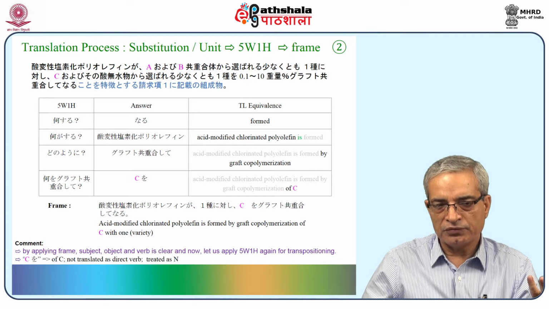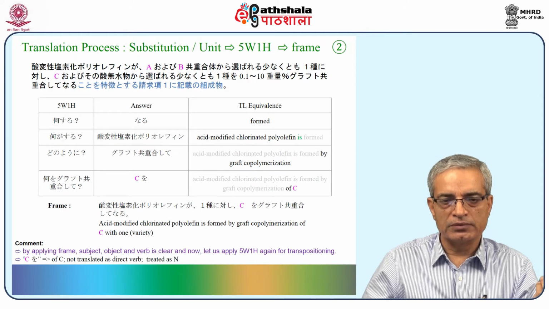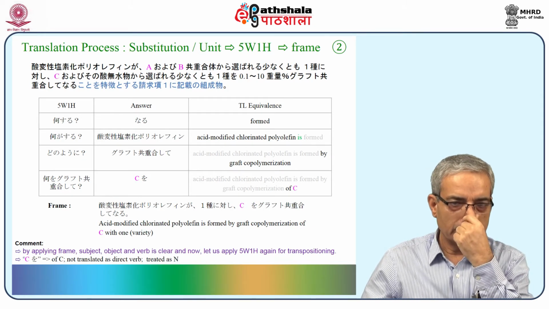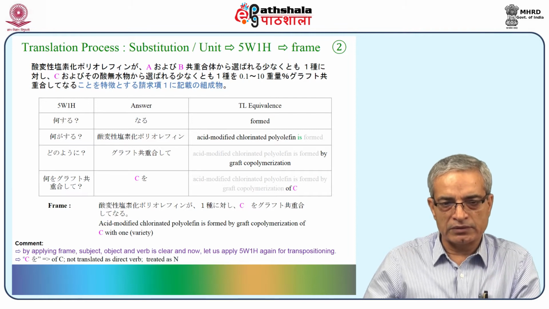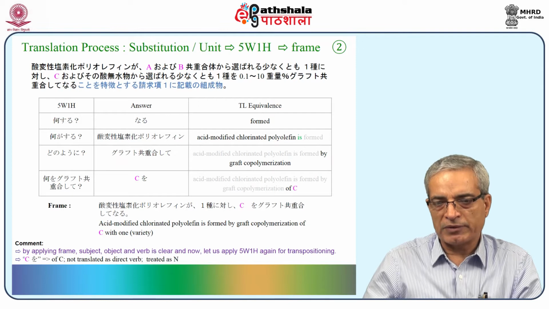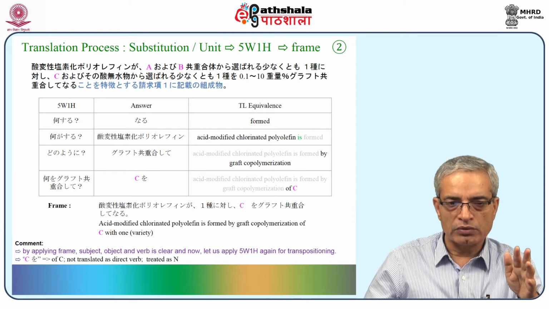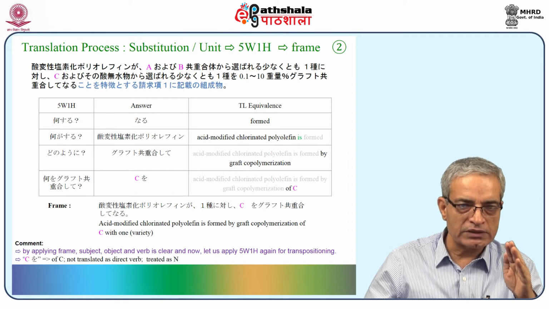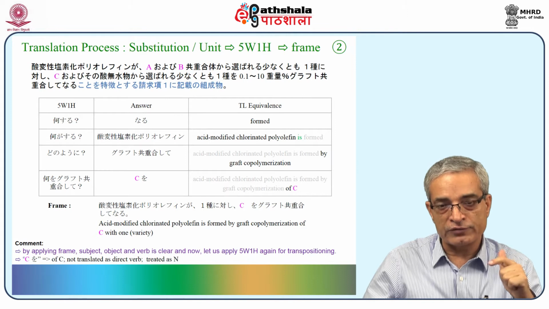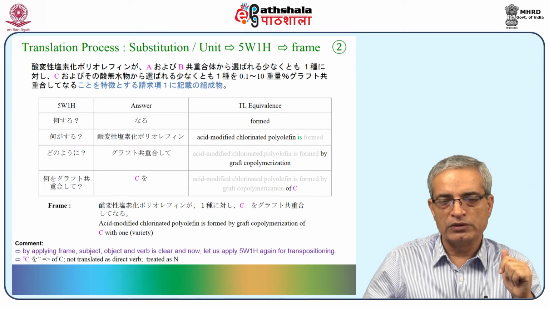So by applying the frame, subject, object and verb, by applying this technique, the subject, object and verb are clear now. Let us apply 5W1H again for transpositioning. And as I said here, if you see carefully, C is getting translated as of C. Suppose I say banana o taveru, we don't say of banana, we say eat banana.